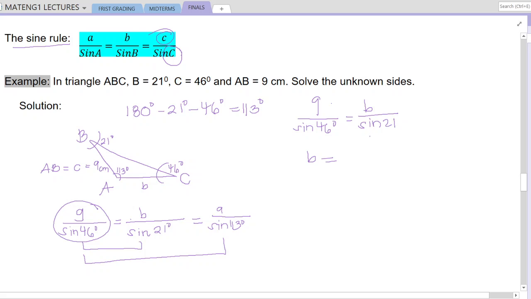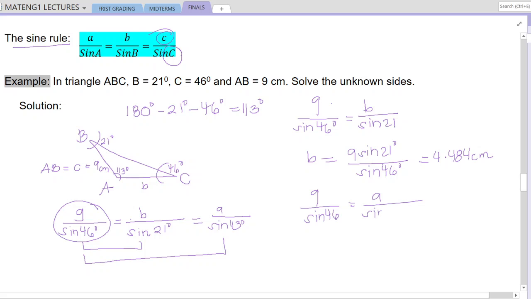That is b is equal to 9 sine 21 degrees over sine 46 degrees. Okay, so the value of b there is equal to 4.484 centimeters.